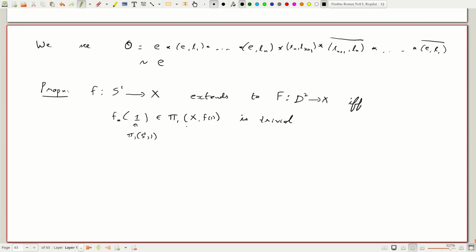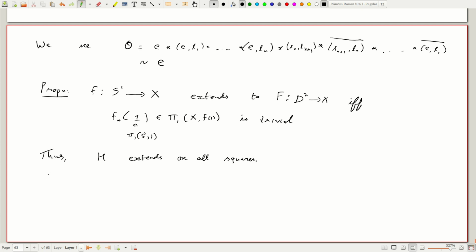There are various characterizations of it. They are quite easy to prove. So we have this proposition if and only if this happens. So thus H extends on all squares. And we are finally done.